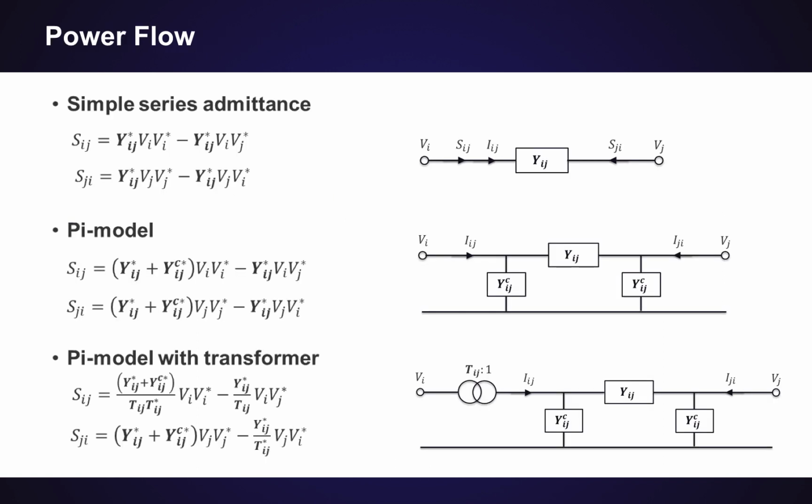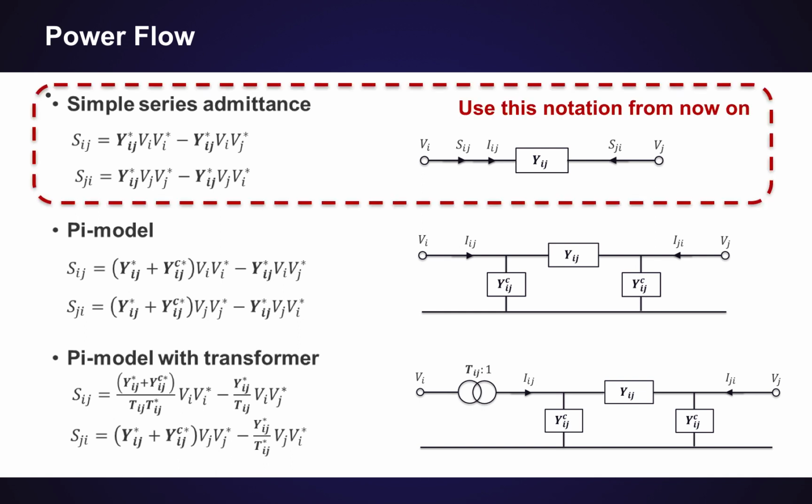Okay, so to summarize, there are different power flow formulations. We can have a simple series admittance, we can have the pi model, or we can have a pi model with transformer. In the following, we are mostly going to use the notation for the simple series admittance in our presentations.